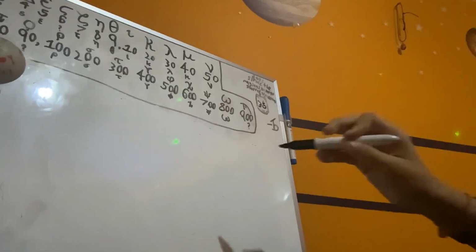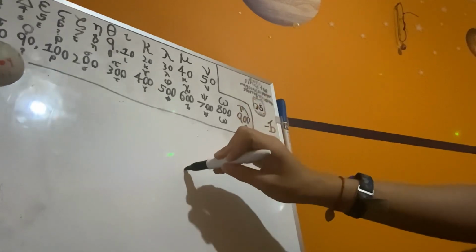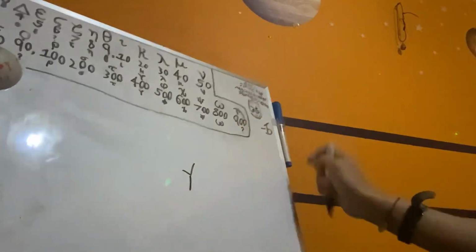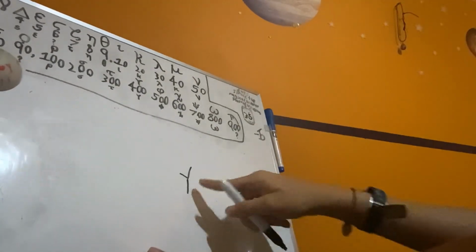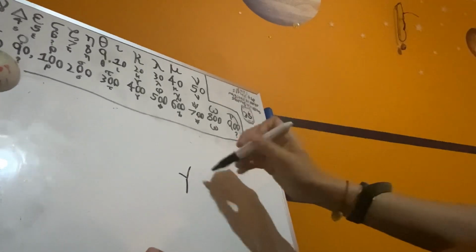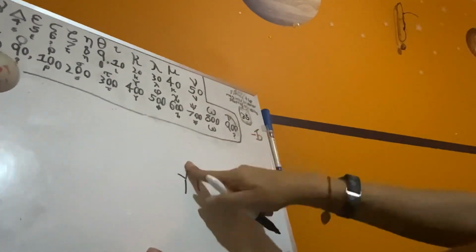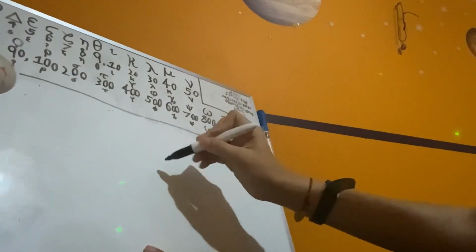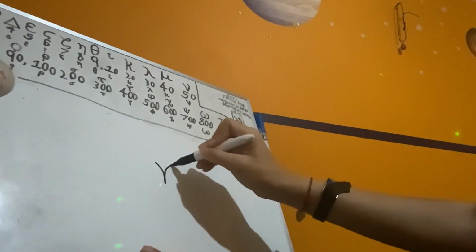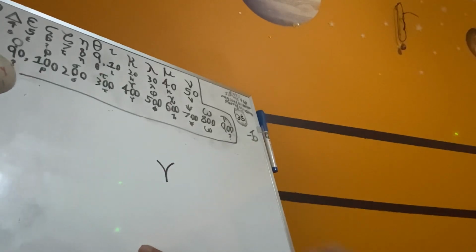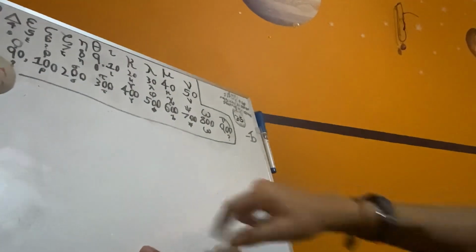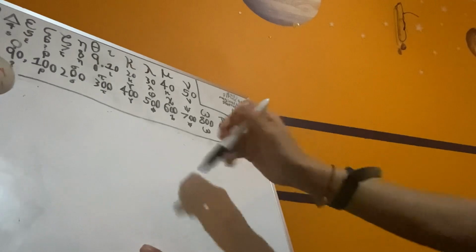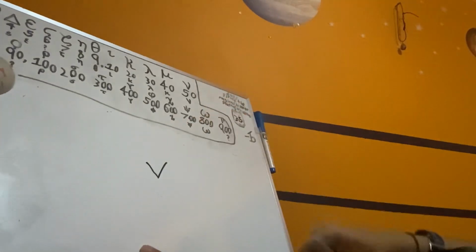And then at some point we got this. It's a Y. This is not supposed to go straight up, I'm sorry. Y. And then it's simplified. You do one line, and then it just becomes this.